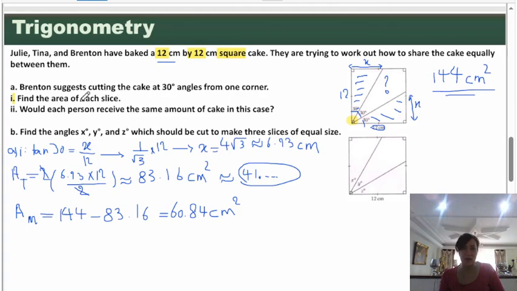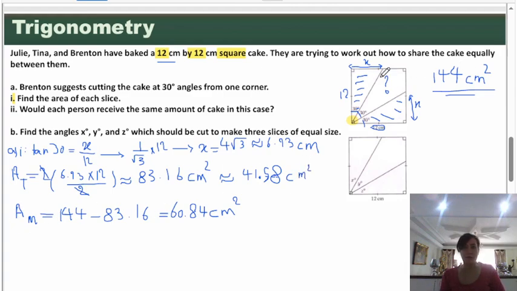I find the area of each slice here. Let me write the right answer. The area of each of the triangles would be 41.58 square centimeter.